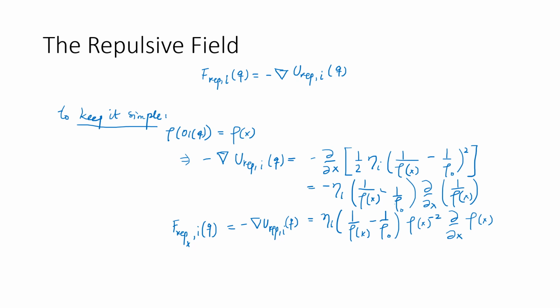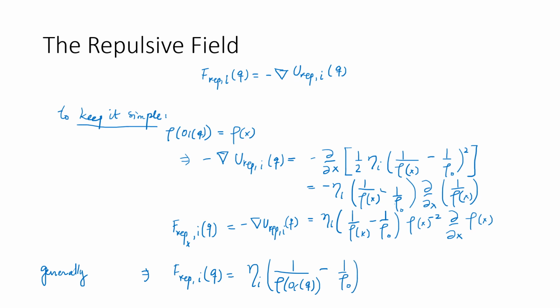Then you can have this expression rewritten in a general form: F repulsive on the ith joint is equal to eta_i, times 1 over rho of O_i at q minus 1 over rho naught, times 1 over rho of O_i at q squared, just to correspond to this term over here, and then you have this remaining term, which you can rewrite as the gradient of rho at O_i at q.